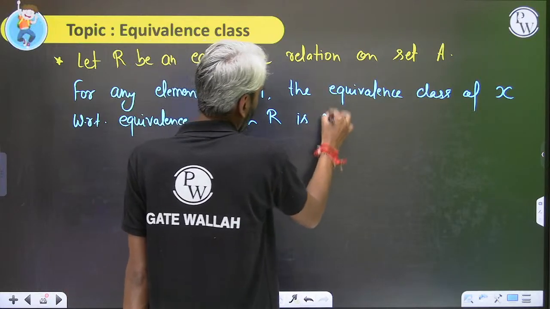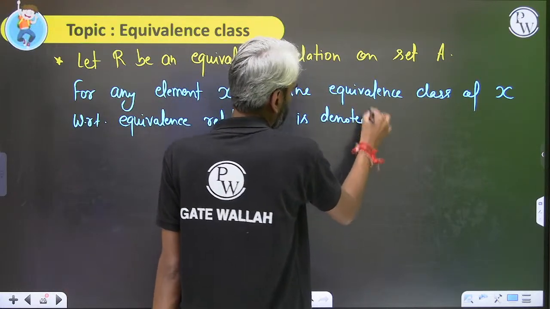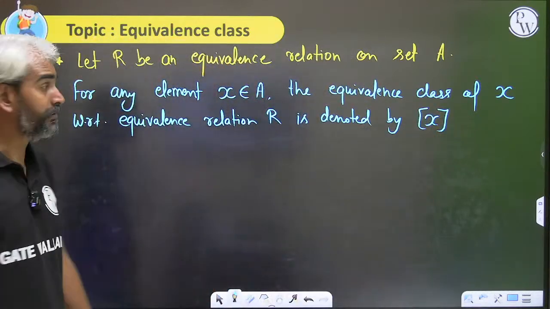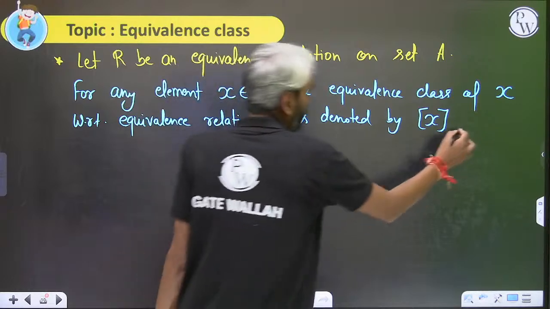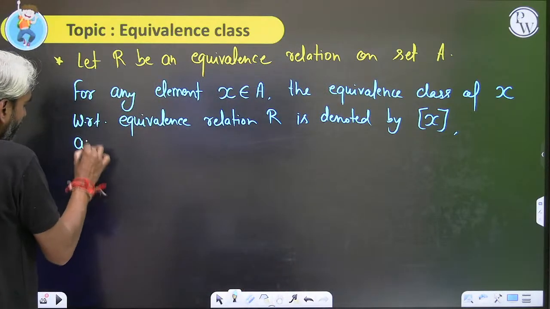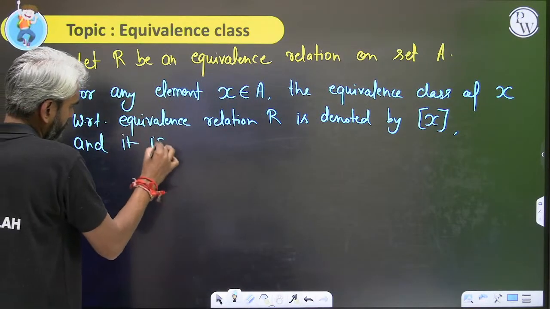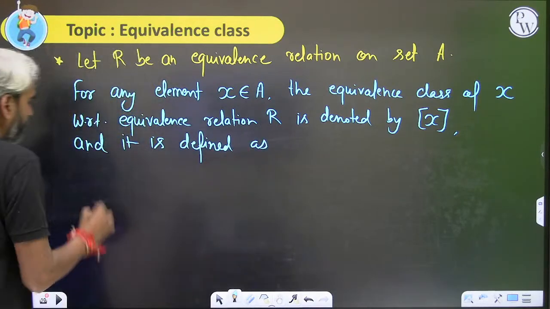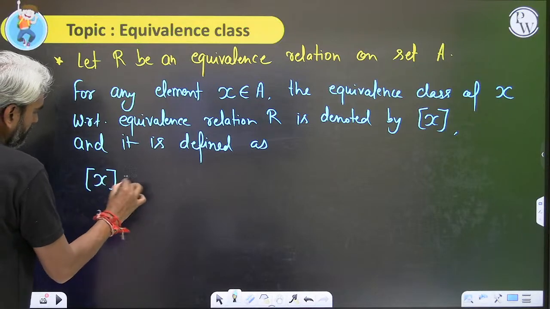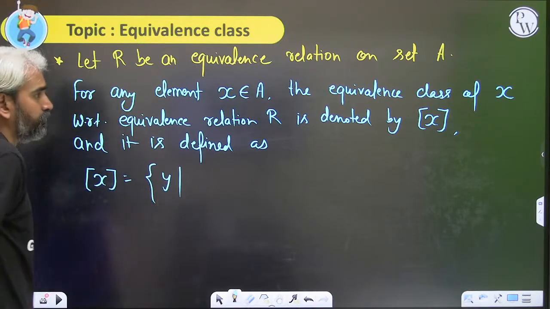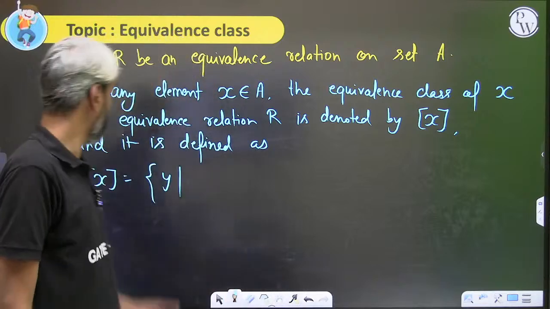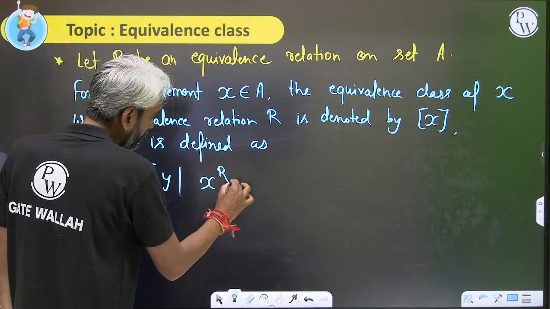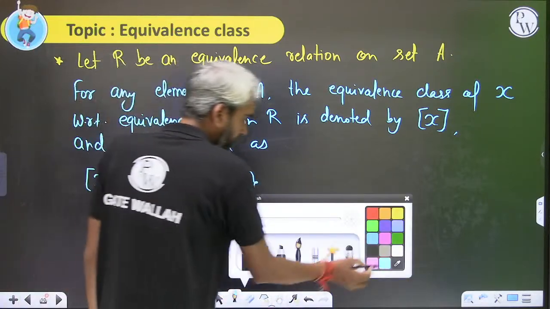is denoted by any notation, but generally the same symbol as greatest integer. So it will be denoted by this symbol, and it is defined as: the equivalence class of X is nothing but the set of all elements Y such that element X relates with Y. What do you mean X relates with Y?